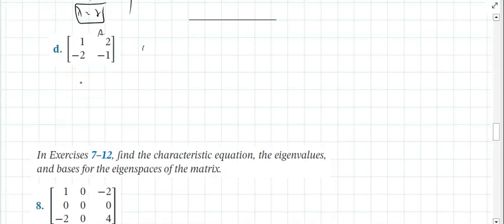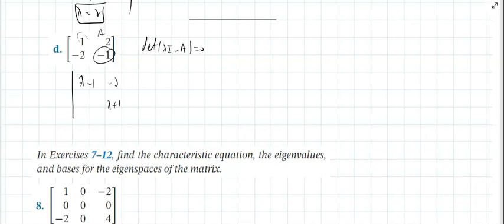So if I take the determinant of lambda I minus A, set it equal to 0, that's simply lambda minus 1, lambda plus 1, and the opposite of those, since you put a negative in front of A, set that equal to 0. What do you notice?